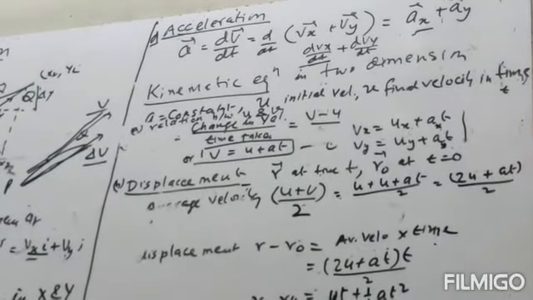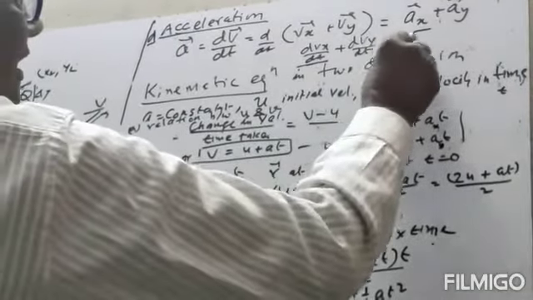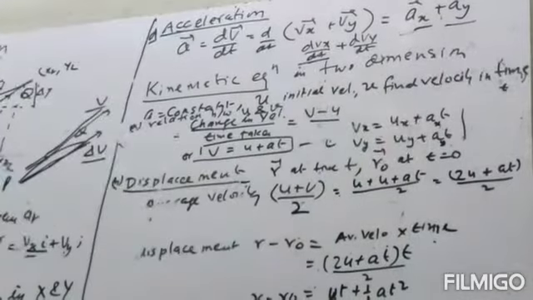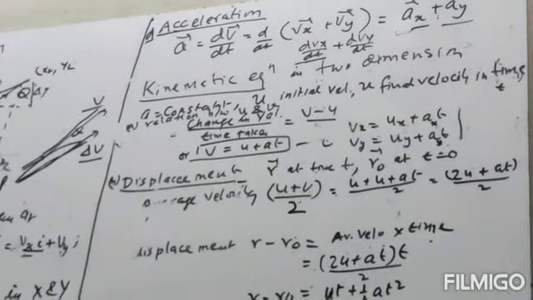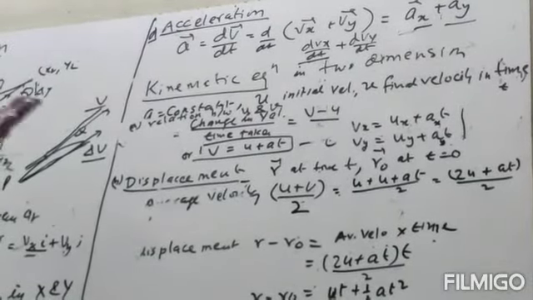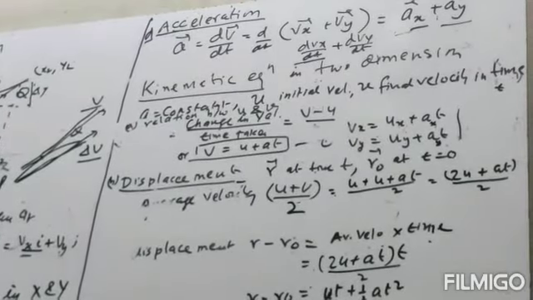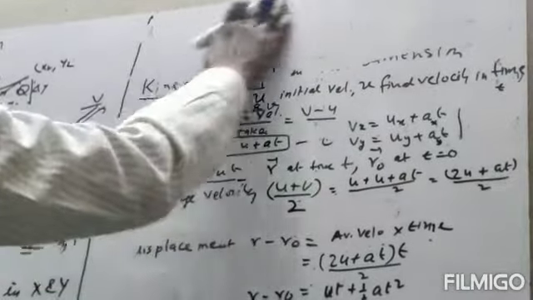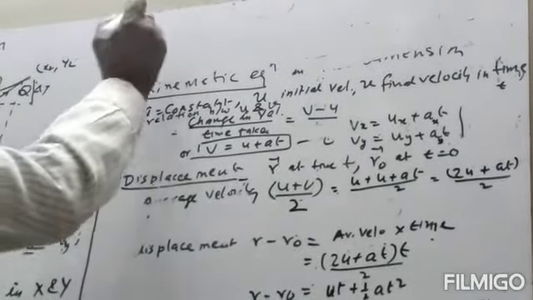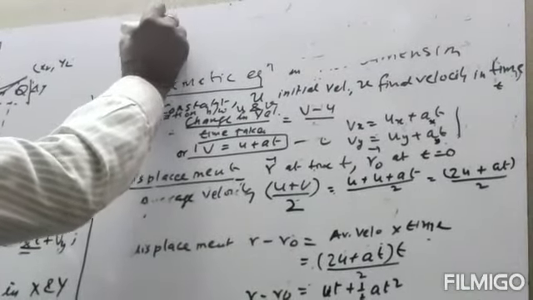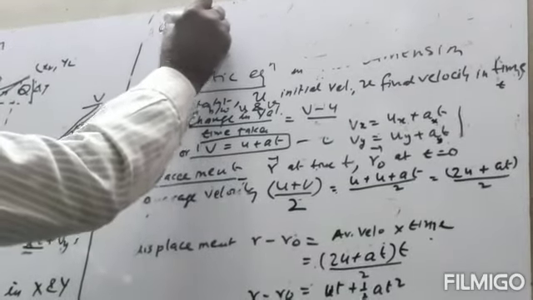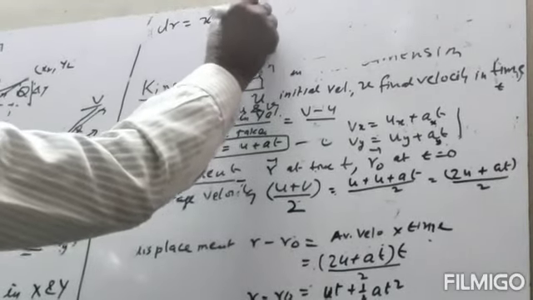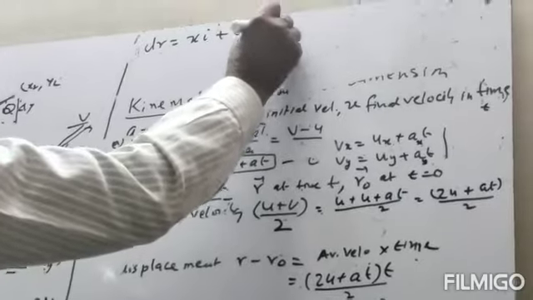X is one dimension, y is the second dimension. If it is three dimensions, then we can write it easily. If it is three dimensions, what will be there? Displacement, what will it become? dr will be equal to xi plus yj plus zk.